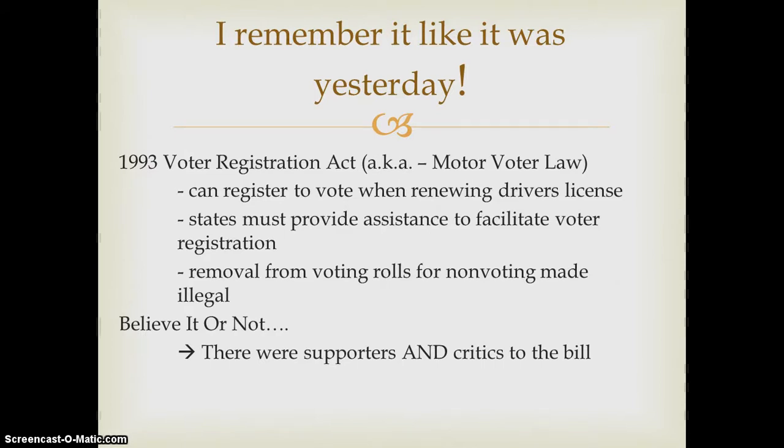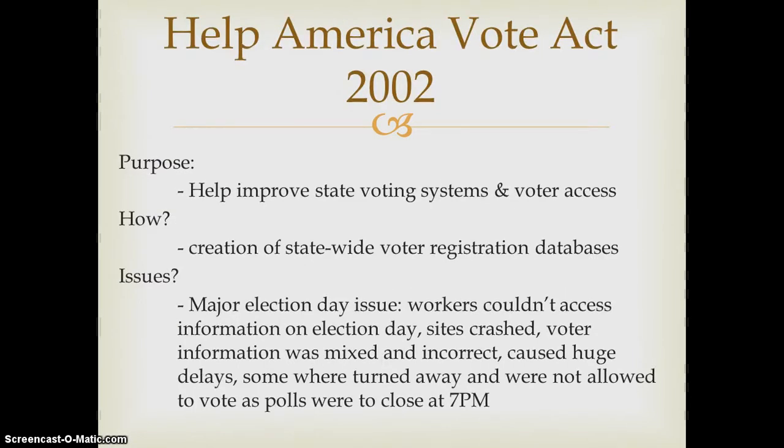So the first election it gets to be used on is 1996, and people thought, "Wow, you know, this is a great opportunity. More people will vote." Supporters of the bill pointed to the fact that there could be as many as 49 million people now registered. It made absolutely no difference in voter turnout in '96.